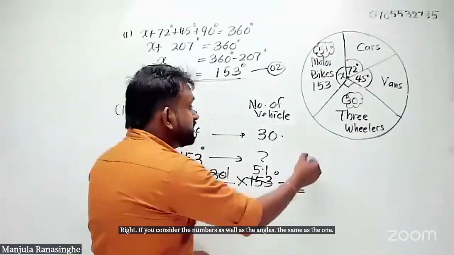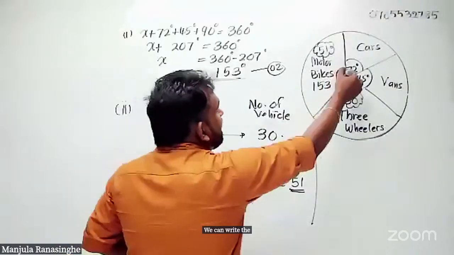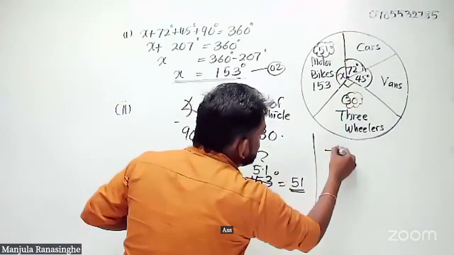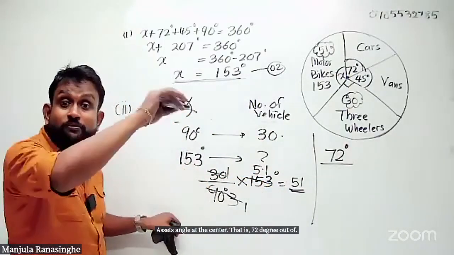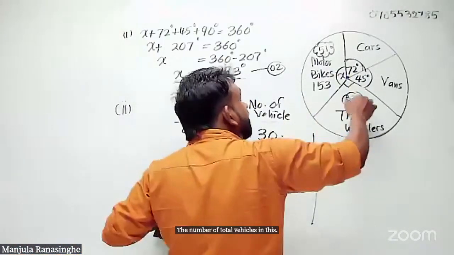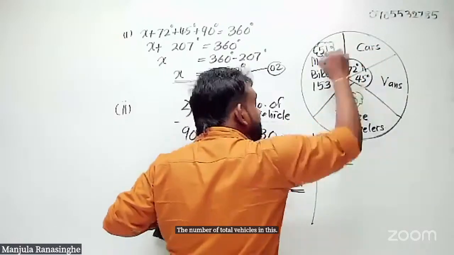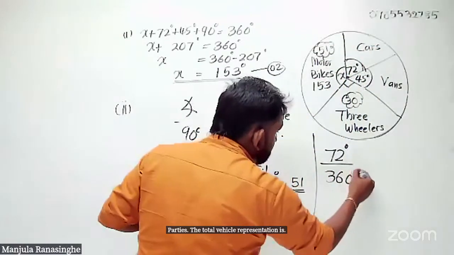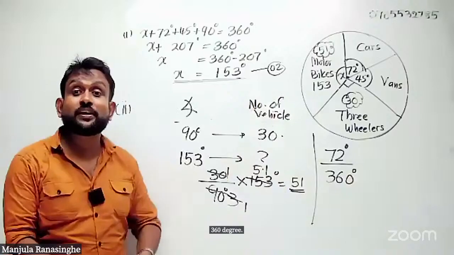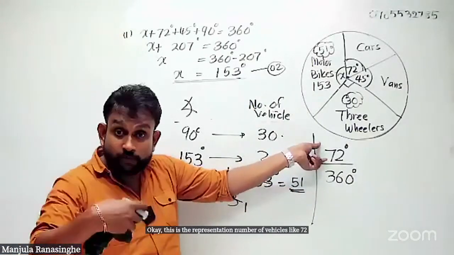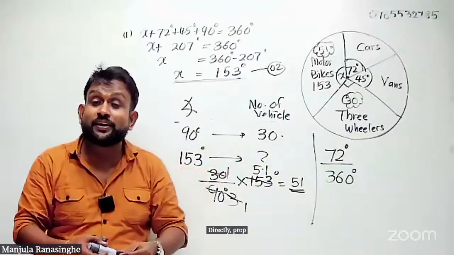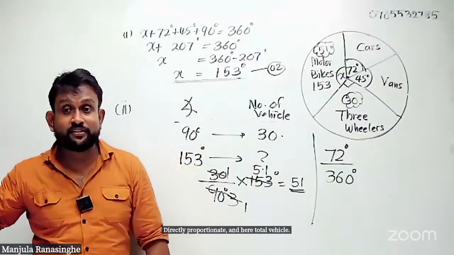So you can write the number of cars as an angle at the center, that is 72 degrees, out of the total vehicles, whose representation is 360 degrees. The number of cars is directly proportionate to 72 degrees, and the total vehicles directly proportionate to 360 degrees.